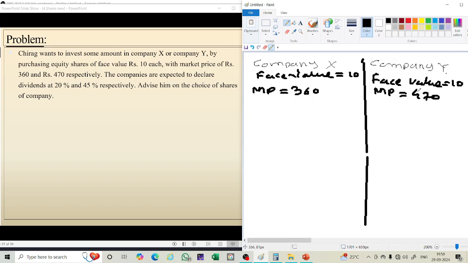The companies are expected to declare dividend of 20% and 45%. So here rate of dividend is 20% and here dividend is 45%.